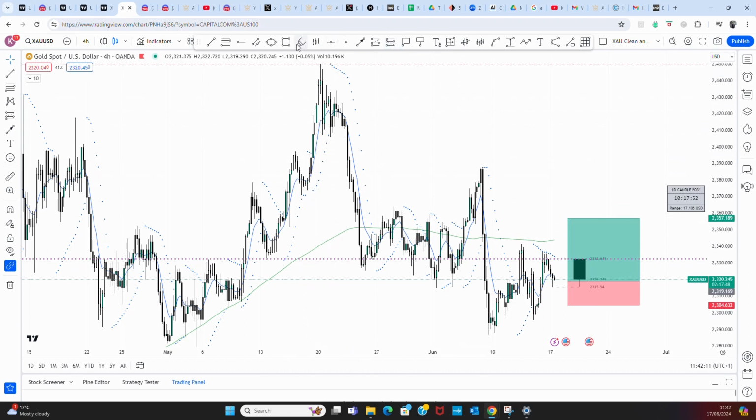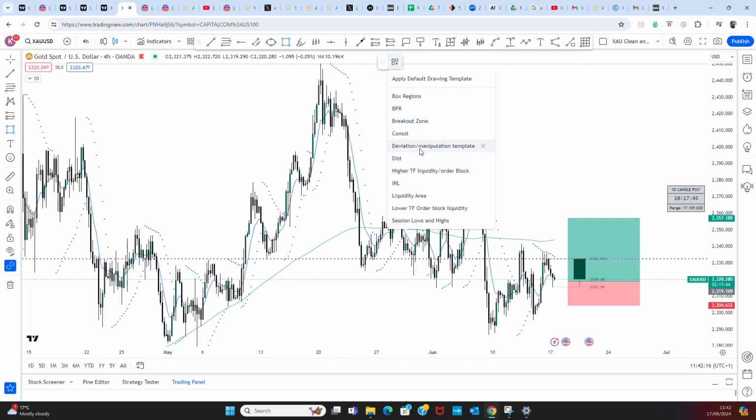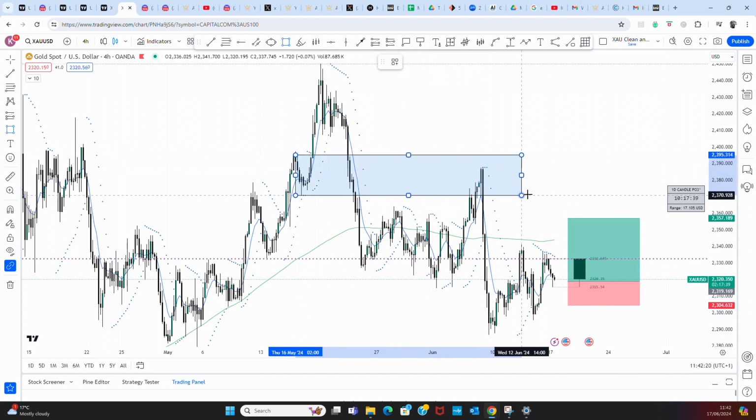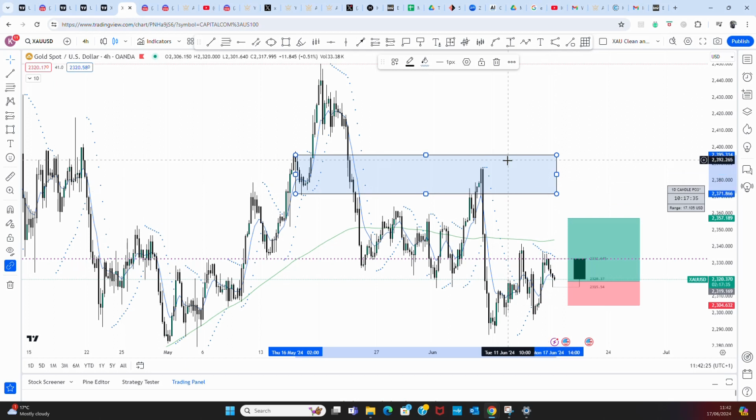This here is a very key area. I'm on the 4 hour, which is quite big. I'm just going to mark that as a higher time frame liquidity area. You can see we tapped into that.